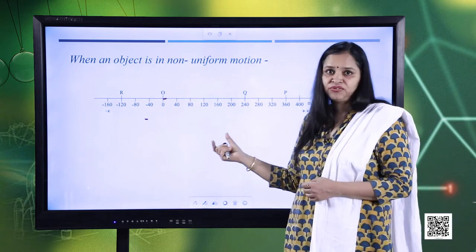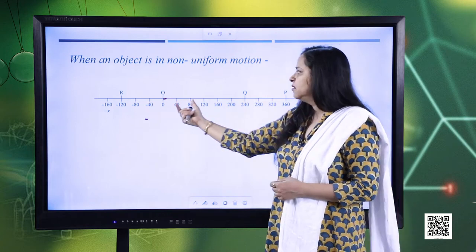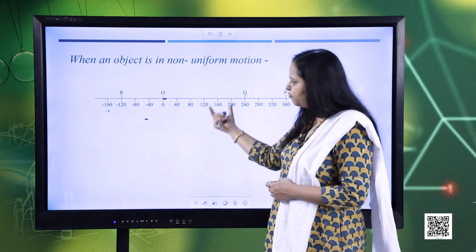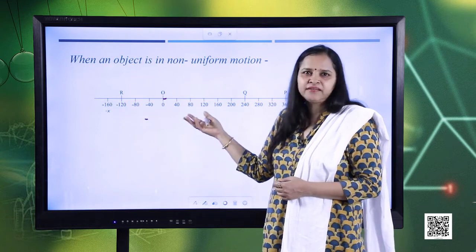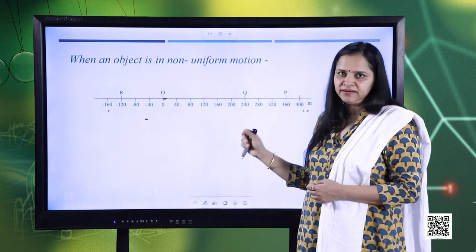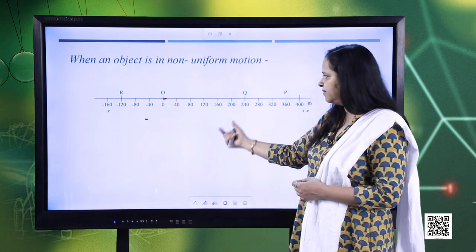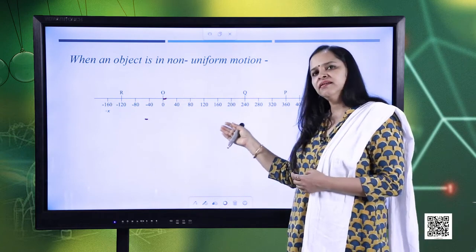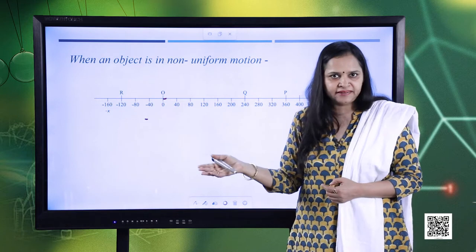Now suppose an object travels the first 40 meters in 1 minute, another 40 meters in let's say 3 minutes, another 40 meters in let's say 5 minutes, and then another 40 meters, that is between 120 meters and 160 meters, it just travels in let's say 30 seconds.